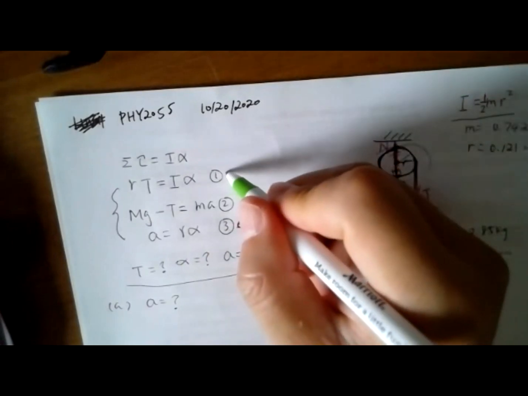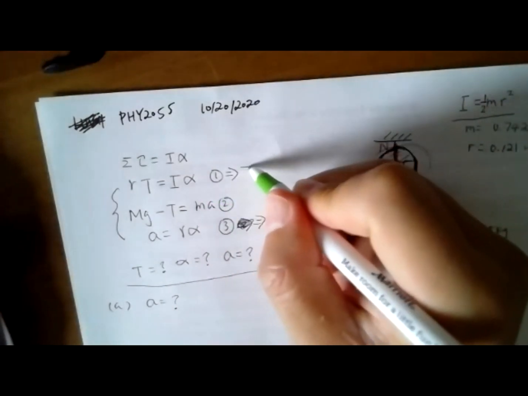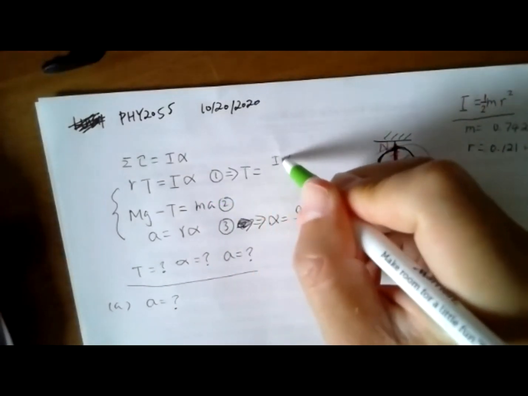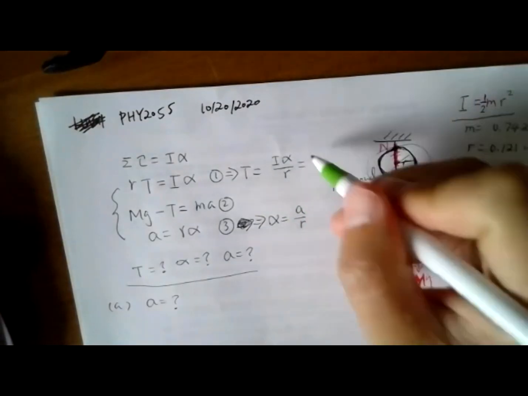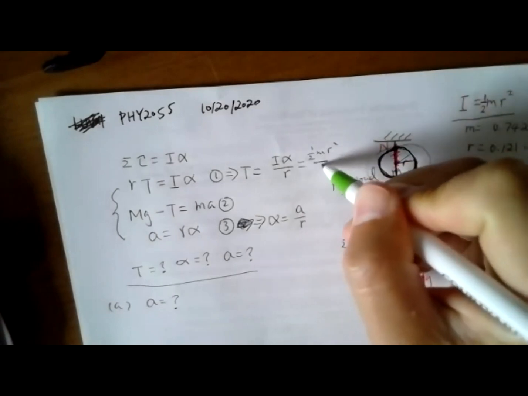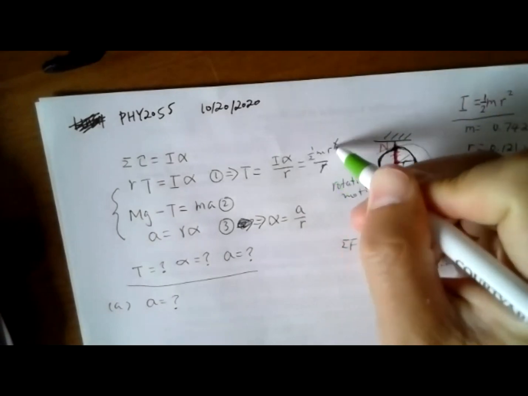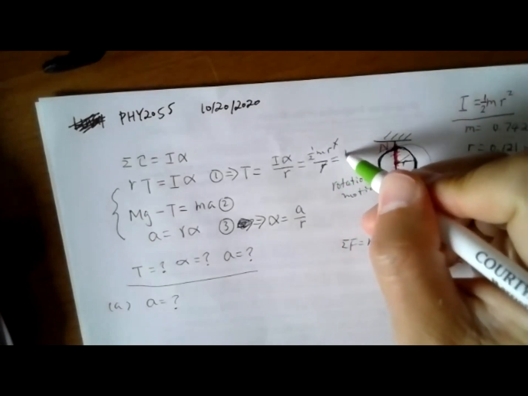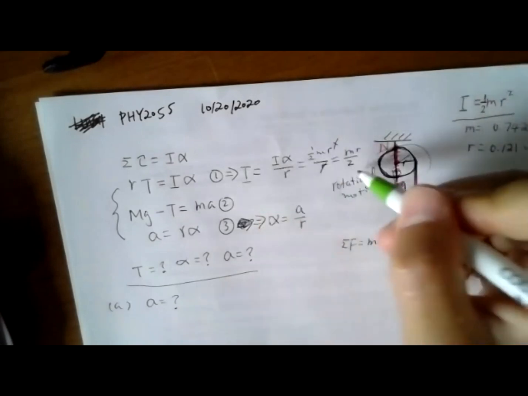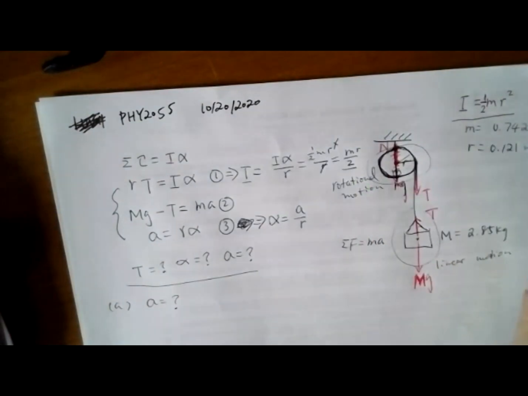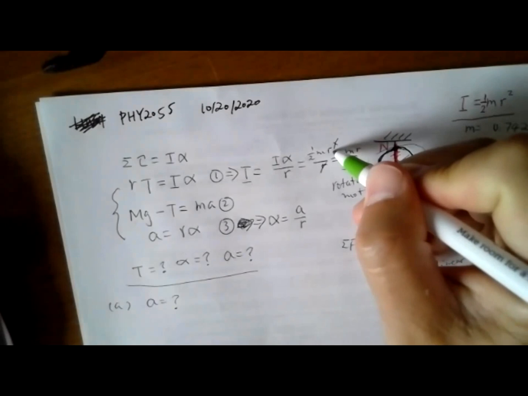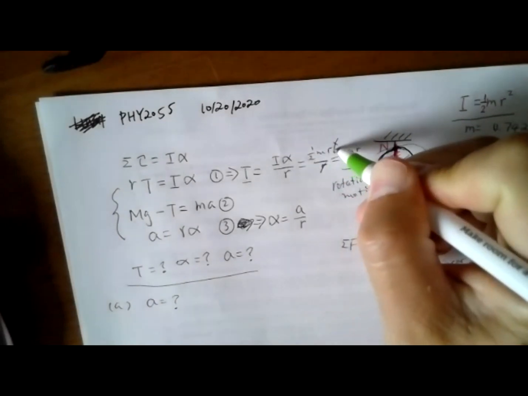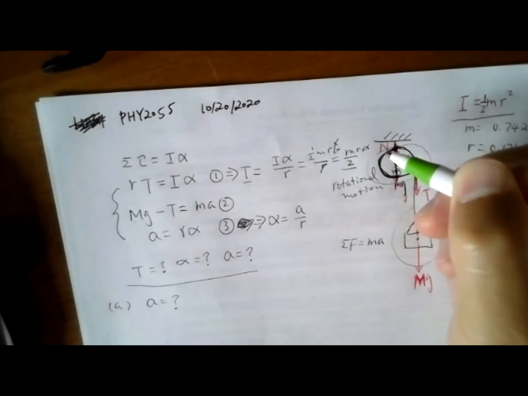In this case, we can write T as I times alpha divided by r. Now I is 1/2 mr squared, so this is 1/2 mr squared over r. So the r will cancel the square. This is mr over 2. T is equal to mr over 2 then, sorry, missing alpha, times alpha.